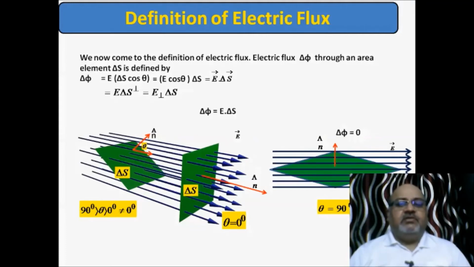In between means this is less than E dS in this case, if theta is greater than 0 degrees and less than 90 degrees. But if the area element is parallel to the electric field, no flux crosses, and this is clear, no line is crossing perpendicularly, just touching and going.